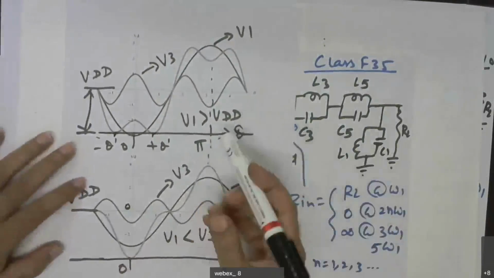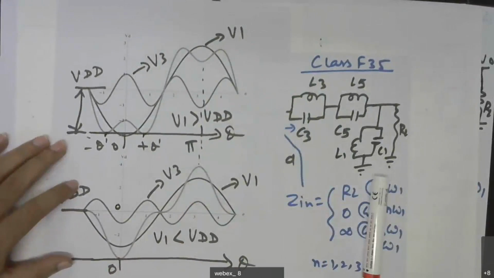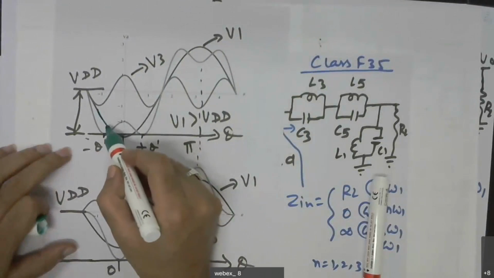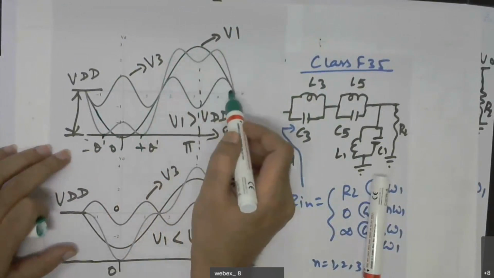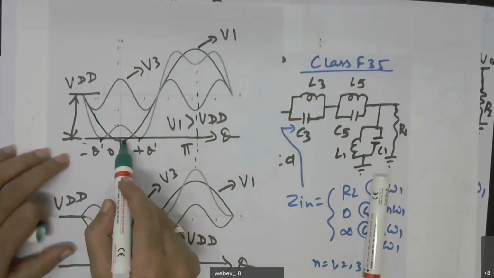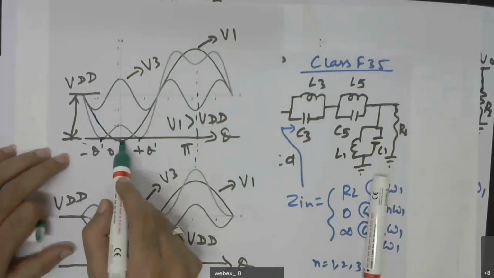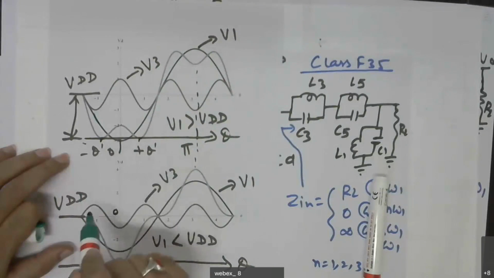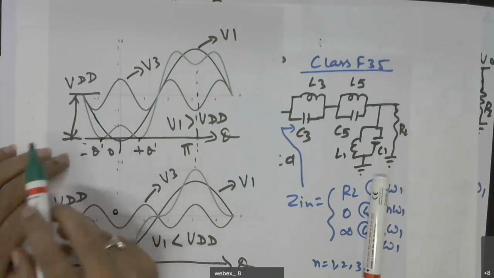So here, for example, we have the fundamental, this one, the dark waveform V1, and we want this V1 to become more flat at the bottom so that the product of this with the half sinusoid is even smaller.